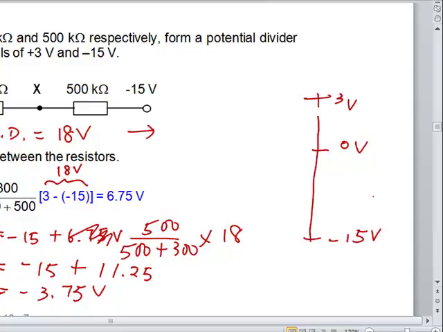The potential difference of 6.75 below here, this is the potential we're calculating at point X, 6.75 or 11.25 above minus 15 volt.